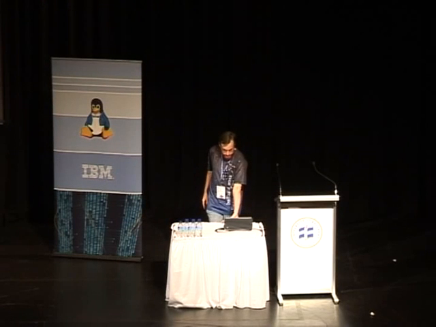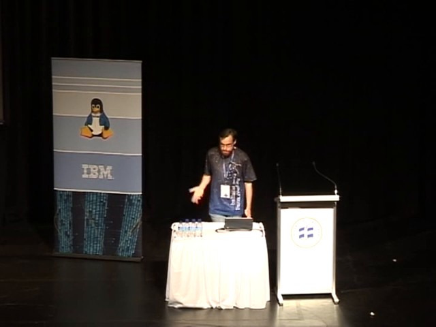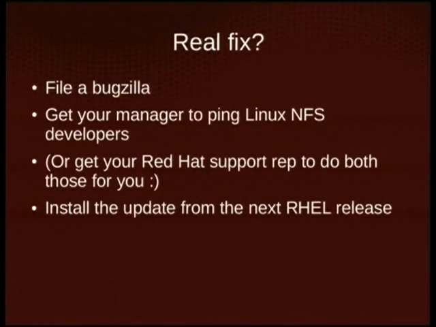So our process for getting the real fix was to file a Bugzilla internally. Fortunately, our manager's kind of high up because he's the guy managing all the release processes for all of the Red Hat products, so he gets to ping someone and they respond pretty quickly.